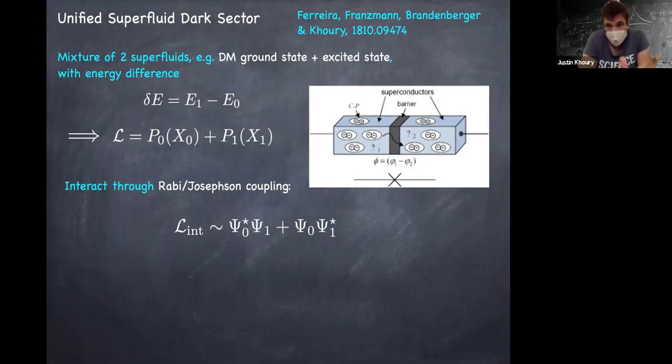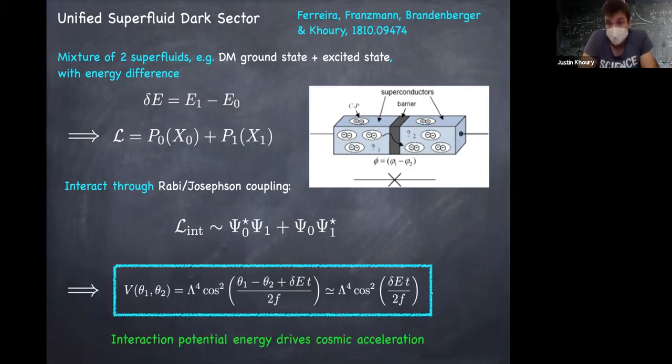And as we know from superconductivity, there's a completely analogous phenomenon in superfluidity. These two components can interact, and they interact with Josephson-style coupling as follows. And what this does is it breaks the continuous U(1) symmetry. There are initially two continuous U(1) symmetries, one for each of the two fields, and it breaks it down to a diagonal subgroup in such a way that what you get are these periodic cosine potentials.